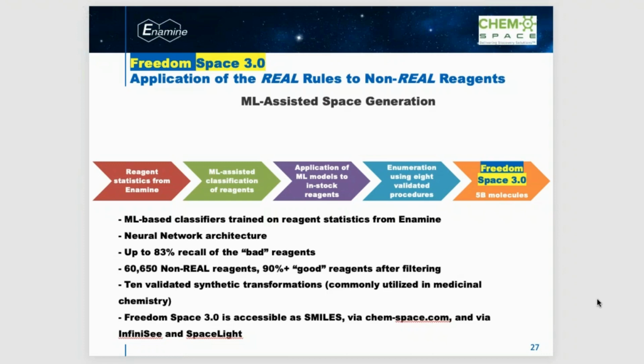And we use their knowledge on reagent and reaction statistics, and we perform the machine learning assisted classification of the reagents to apply this knowledge to the reagents that are not in stock at Enamine, but from other suppliers.